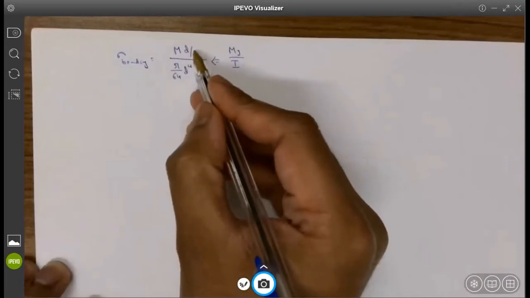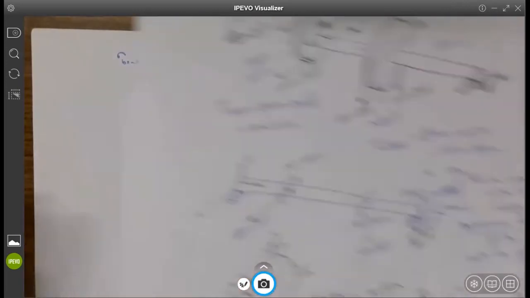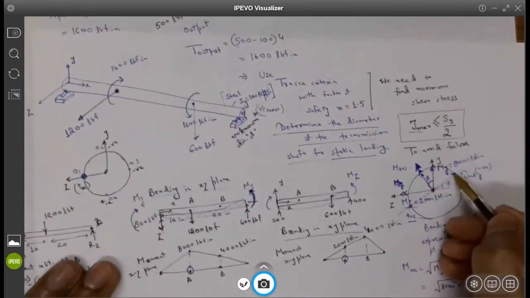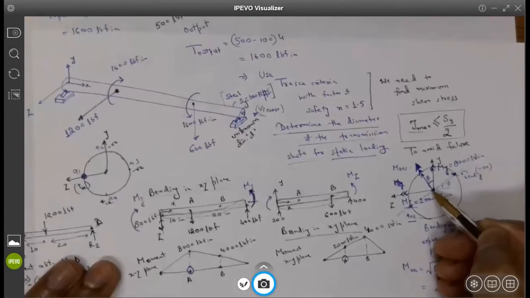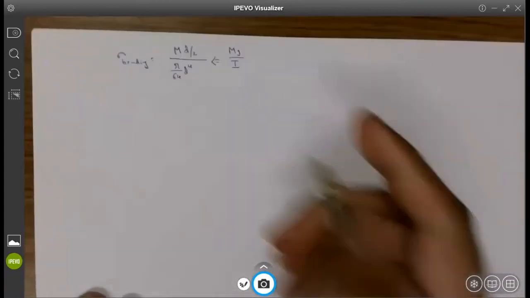Y is basically D by 2, the maximum stress is occurring at D by 2. If I go back here, the maximum stress is occurring at this point and this point, at a distance R from the center, which is D by 2. So negative or positive maximum stresses are occurring at distance D by 2. That is what it is showing.